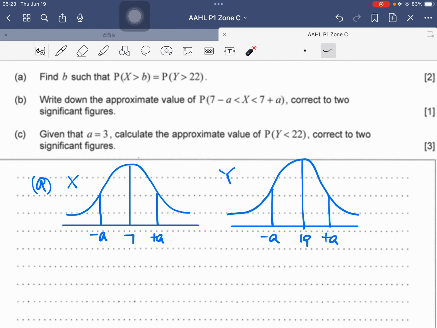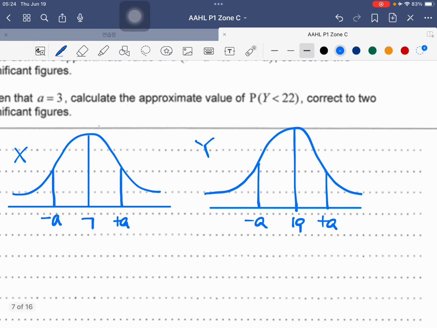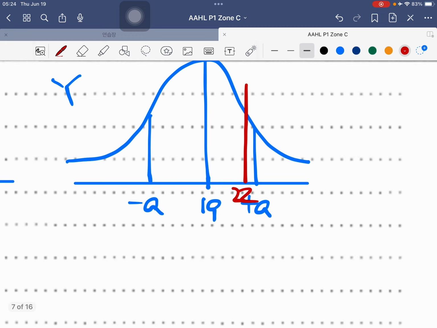Question A, find the b such that the probability x is greater than b is exactly the same as the probability y is greater than 22. So when y is greater than 22, I don't know where, somewhere over here. Let's say this is 22. The probability y is greater than 22 is this portion.